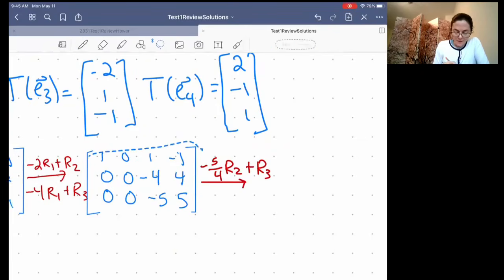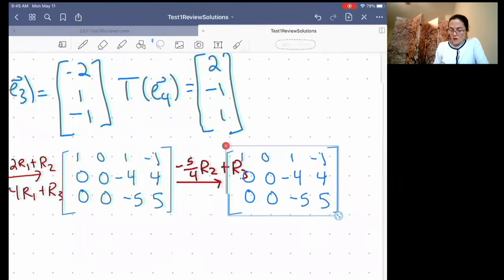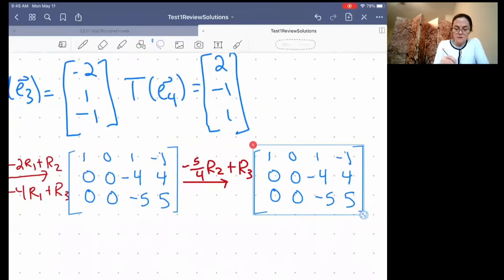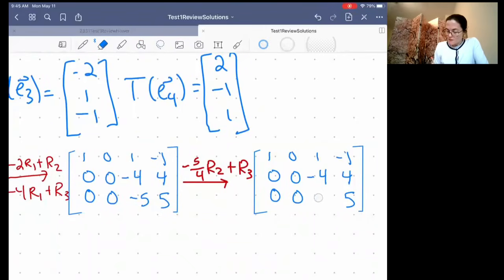And then what happens? Copy. Okay, just enough space. We get 0, 0. And I'm going to stop here because just to determine the rank, you don't have to go all the way down to reduced row echelon form. And I'm not trying to solve a linear system, for example, but you see now we see the rank immediately.